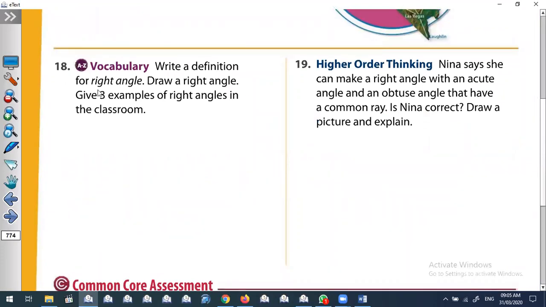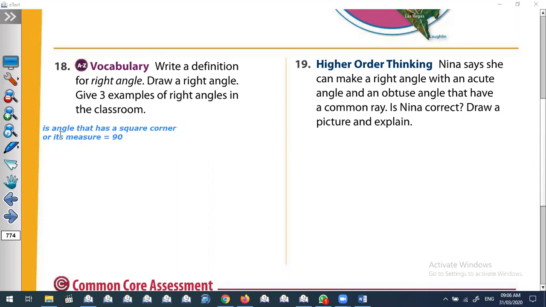Write a definition of a right angle. Draw a right angle. Give three examples of right angles in the classroom. A right angle is an angle that has a square corner, or its measure equals 90 degrees.